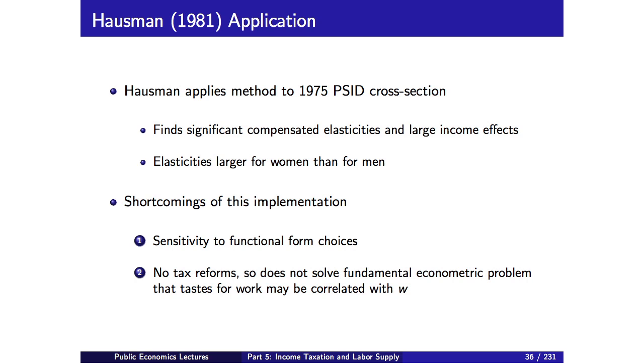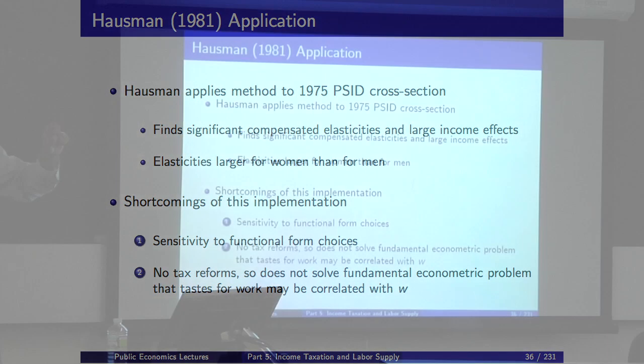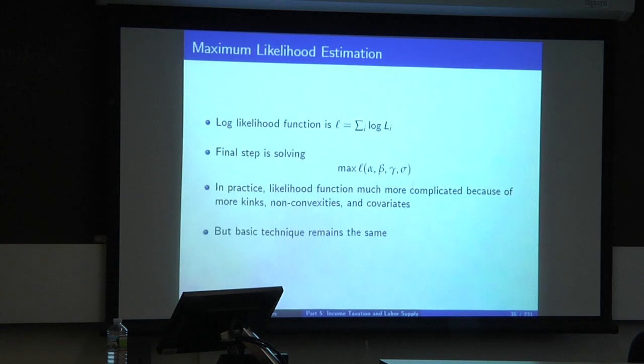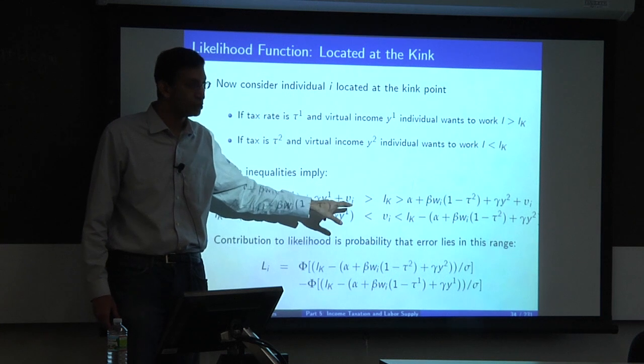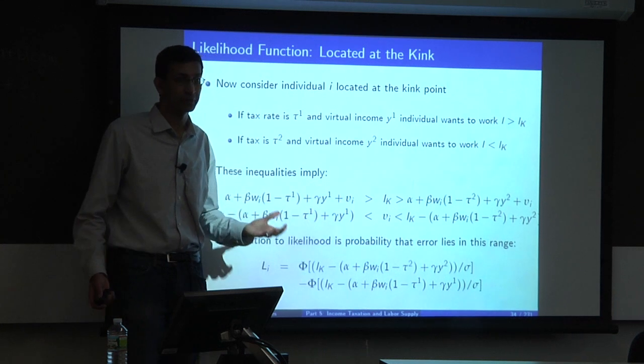The shortcomings of this implementation: one you've already hit on, the sensitivity to functional form choices. The second is that the way Hausman implemented it, you actually have no tax reforms. So it doesn't solve the fundamental econometric problem that taste for work might be correlated with the wage. Basically he's assuming that people differ in their wage rates and end up in different parts of this nonlinear tax schedule, and they have this nu i term, which is just some unobserved heterogeneity, but we are ruling out the possibility that nu i is correlated with your wage, which is extremely plausible.